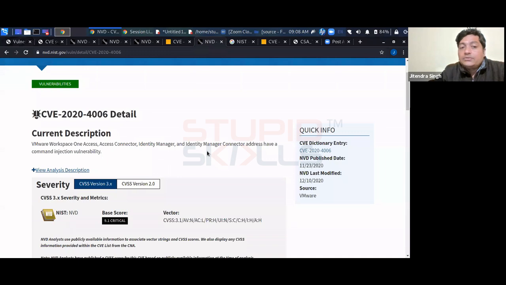So it relates to exploiting the identity management configuration settings in VMware Workspace. So if you go and look at what kind of exploit could have been used, and if you want to have a look at the advisory, that is also there.